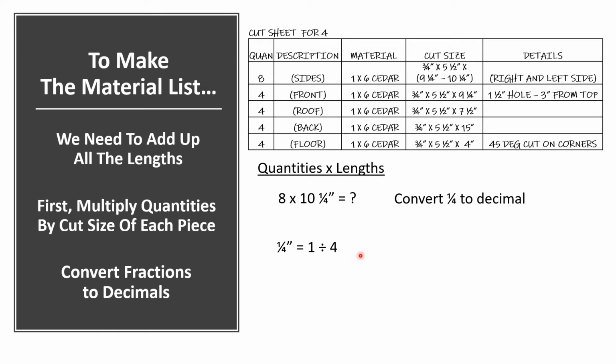Remember, when you convert a fraction to a decimal, this line is like divided by. So it'll be 1 divided by 4, right? That's simple enough. And that equals 0.25. So 8 times 0.25 equals 2. Is that a lot easier than improper fractioning?